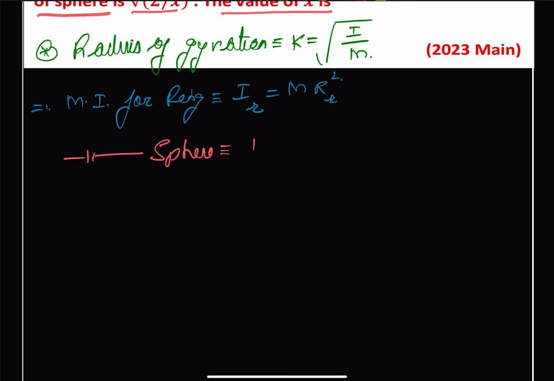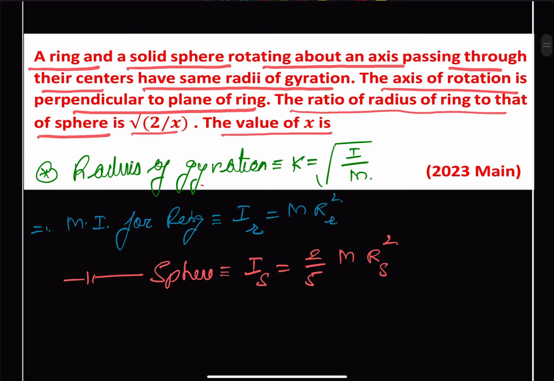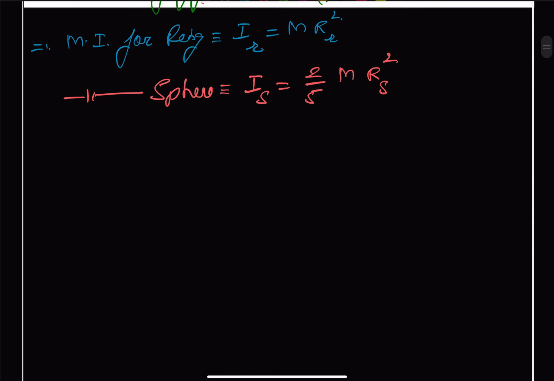So you can say this is our I of S will be equal to 2 upon 5 m R_S whole square. And it says that they are having same radii of gyration. Thus we can write that same radii of gyration.